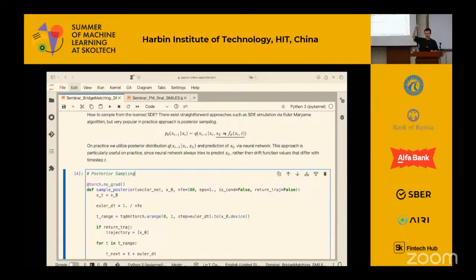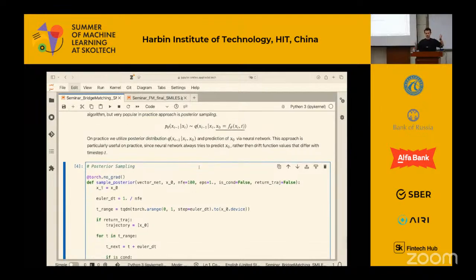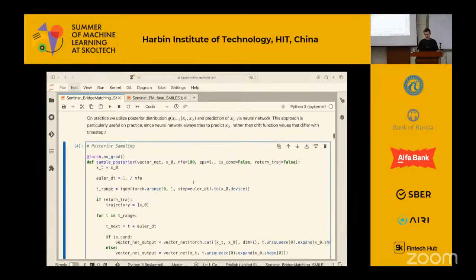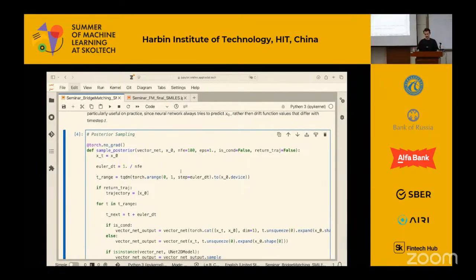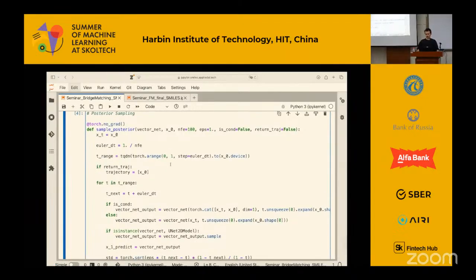We can predict the endpoint and go somewhere in the middle by a closed form posterior sampling. So that way we can predict the resulting data and still sample points somewhere in the middle. This trick is used in many diffusion models to enhance their performance, also known as preconditioning, I guess.